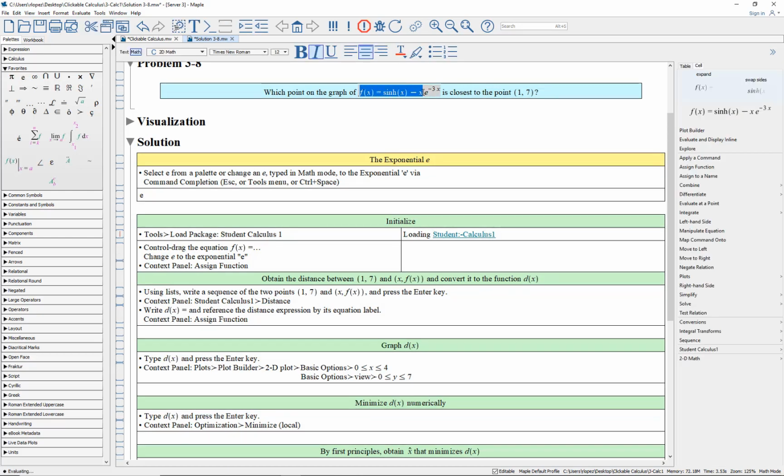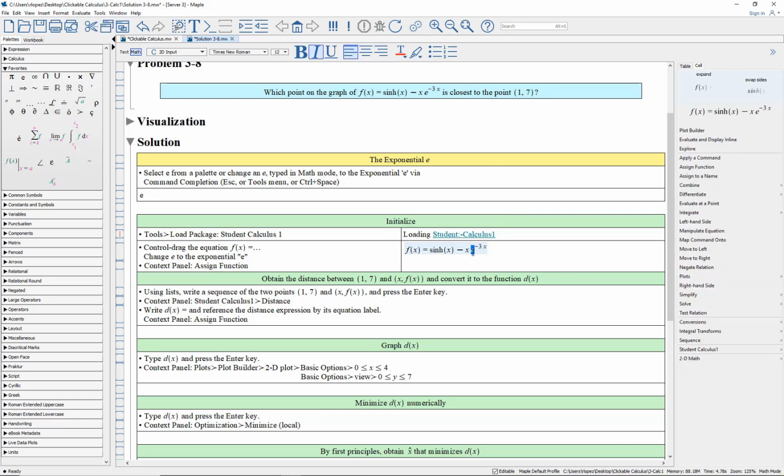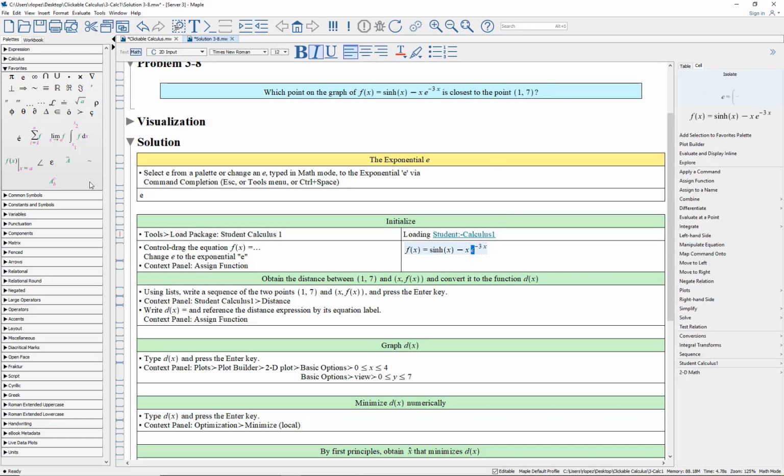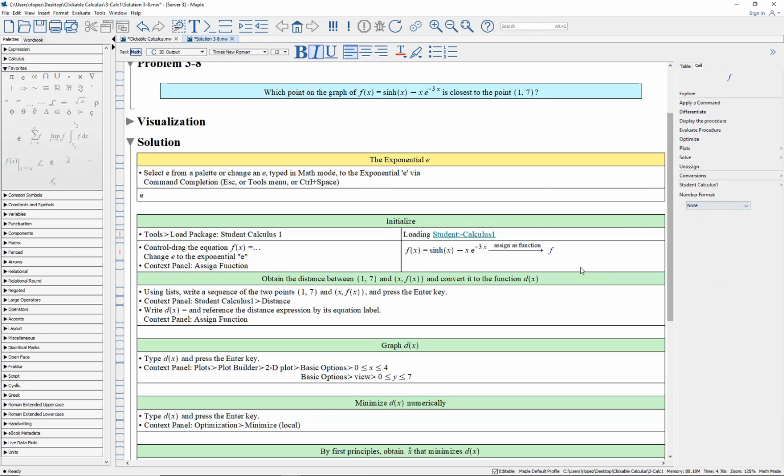I'm going to drag this expression down, f of x equals. But before I make it a function, I'm going to select this e, which I typed as just the letter E, and I'll click on the E in my favorites palette to make that E the exponential E, and now I can assign function.